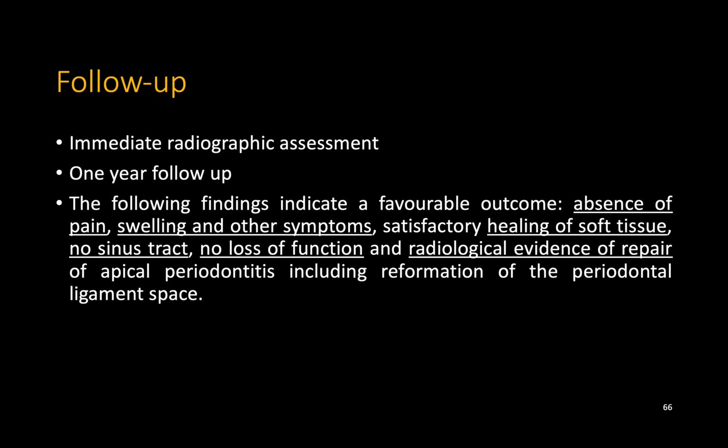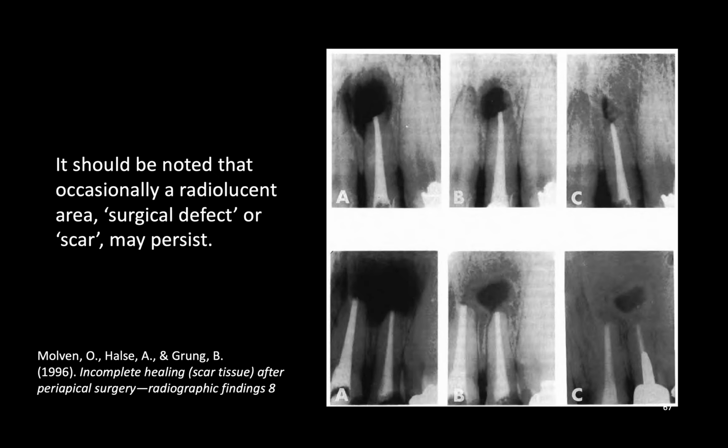Ideally, you should see the cementum and the periodontal ligament regenerating over the resected root apex. Although sometimes the healing will not be by regeneration, it will be by scar formation or fibrous tissue formation. We shouldn't be confused and think that this is a sign of a failure.